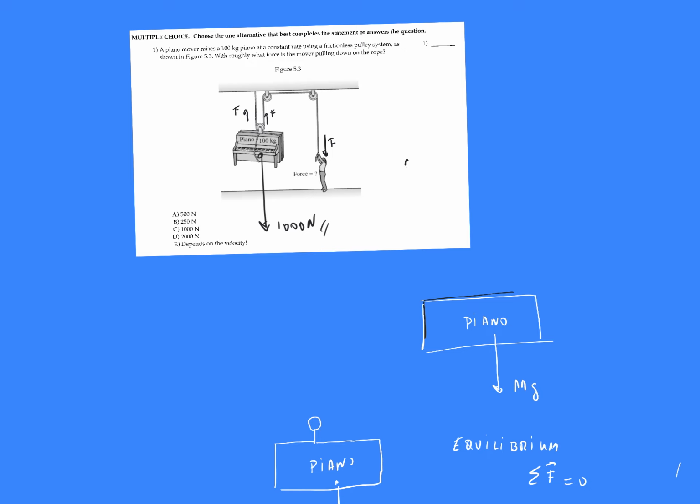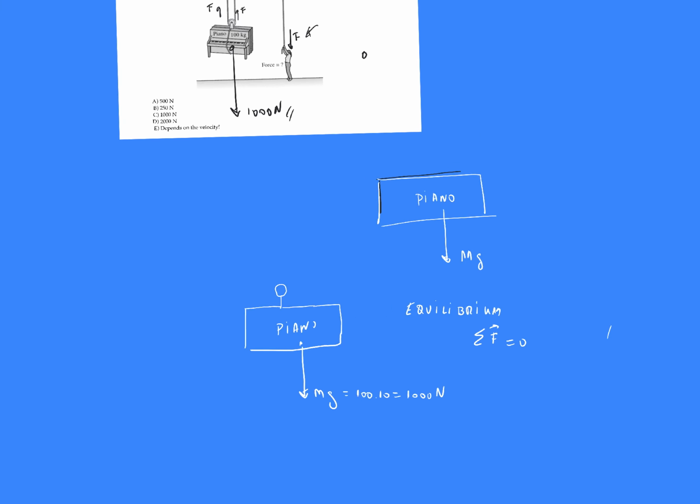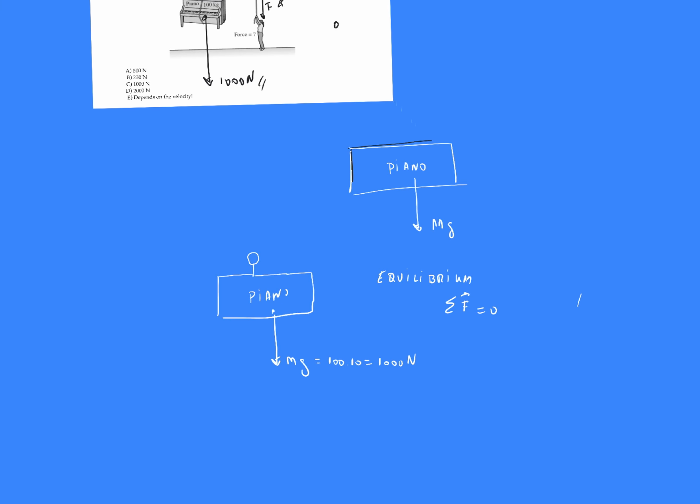This is the force that the guy is pulling. What is F? So imagine this is the piano. Over the piano there is a force going downwards, that is the weight, mg.